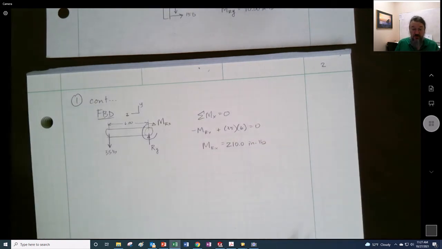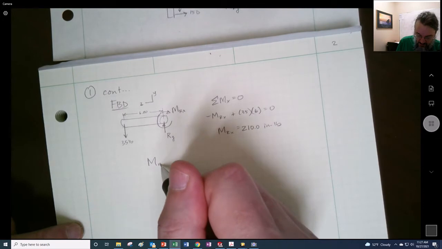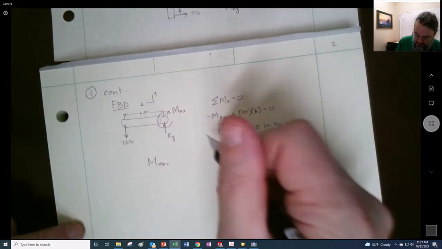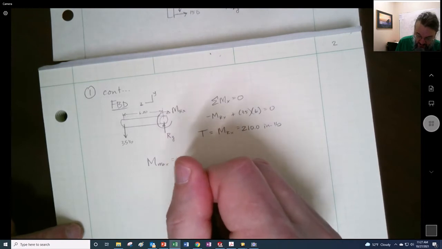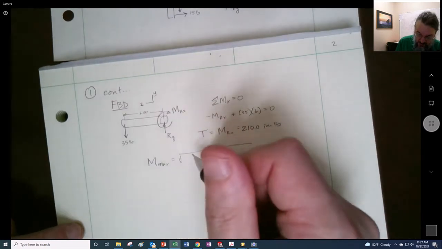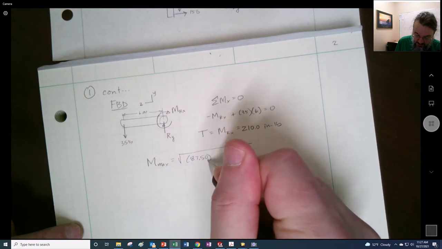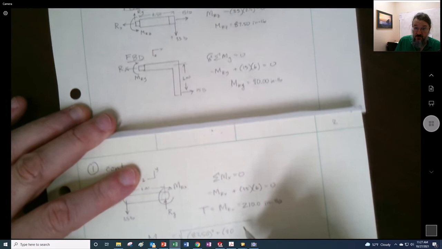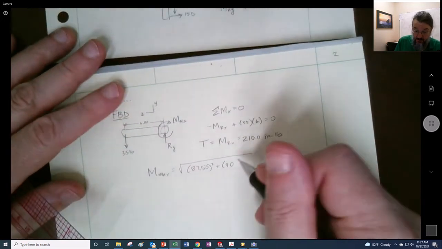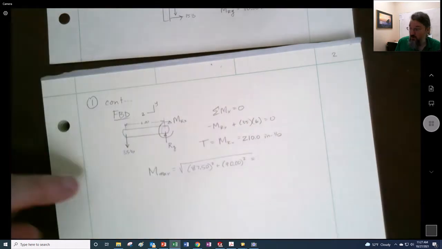Okay, so now I'm ready for the stresses now that I got all the loads. Well, one more thing. I'm going to have the maximum moment. Maybe I'll also say that this is equal to torque. The maximum moment is going to be the square root of my 87.50 squared plus my 90 squared.